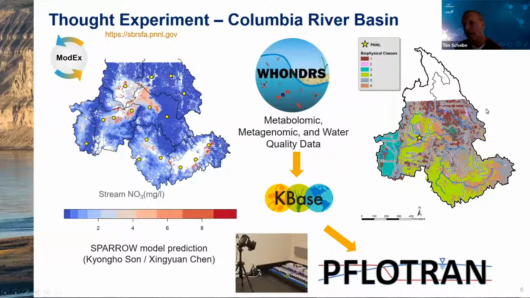By doing that, we can classify into different watershed classes, but then if we've got enough samples in each of these classes, we can hopefully gain some understanding about how the biogeochemistry of these systems varies as a function of class, and use that to extrapolate across the spatial domain.